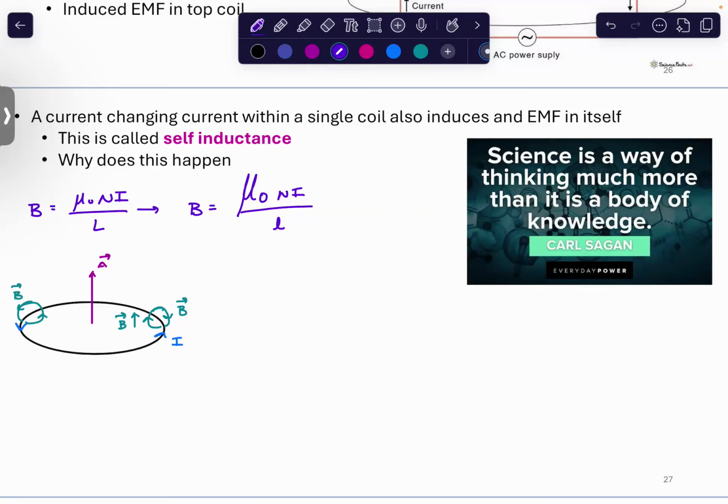So what is theta? Nope, 0. B and A point in the same direction. So cosine of theta becomes 1.